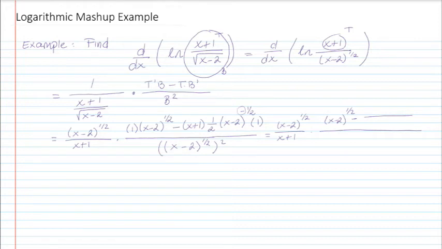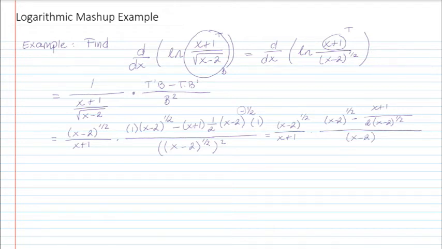It's going to be x plus 1 times 1, which is just x plus 1. And in the denominator, I have the 2 from the half, and I also have x minus 2 to the power of 1/2, moving this part that has a negative exponent into the denominator. And then down on the bottom, I have the square root of x minus 2, and then squared is just x minus 2.